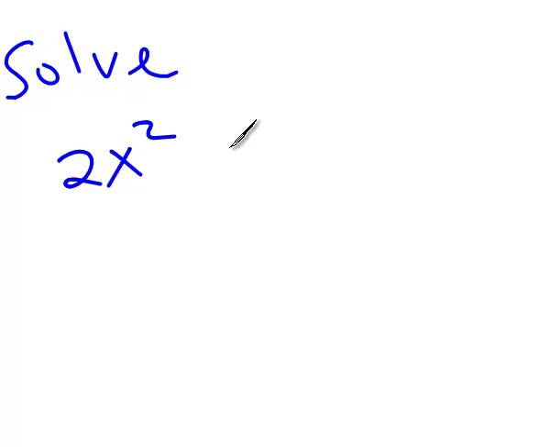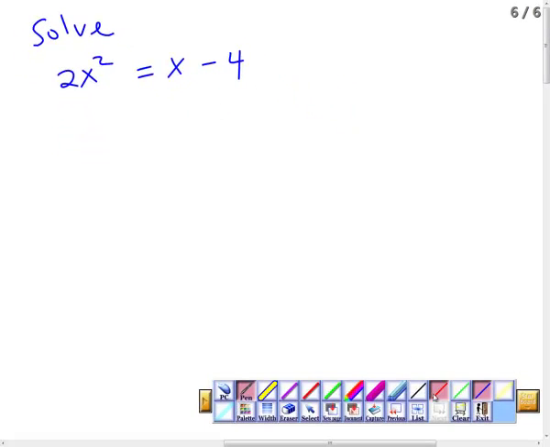Okay, we want to solve 2x squared equals 2x minus 4. Okay, so Dylan, what do we do? Yeah, get it all equal to 0.